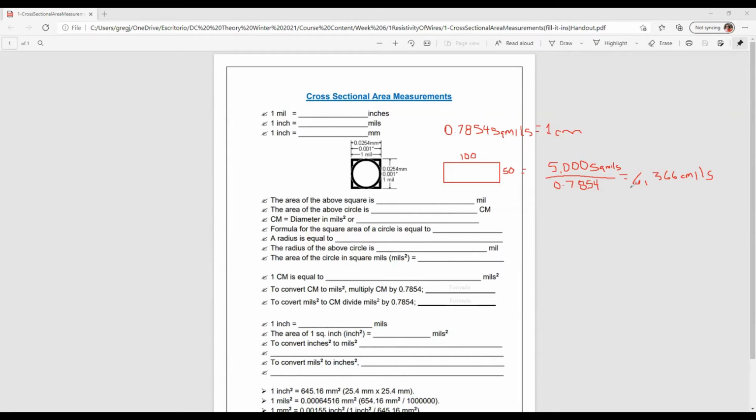It is telling you how many circular mils you have in the bus bar. By knowing that, you are going to be able to determine the ampacity of that bus bar, because you are able to equate the area in a rectangular bus bar to a rounded conductor.